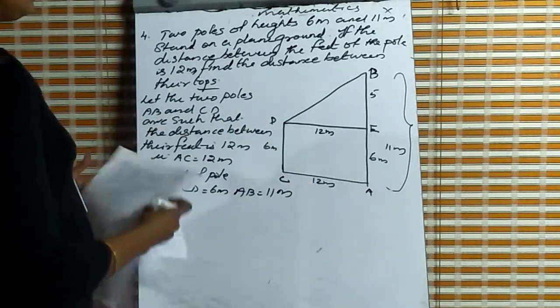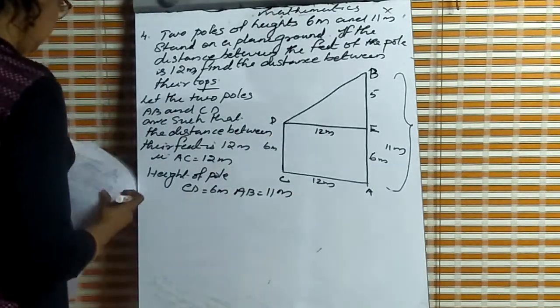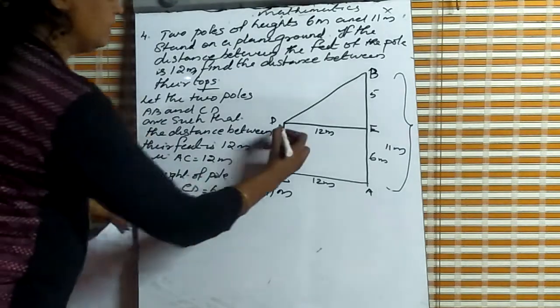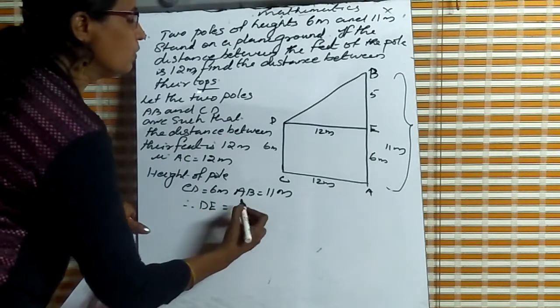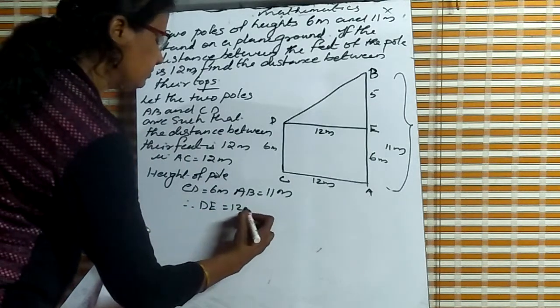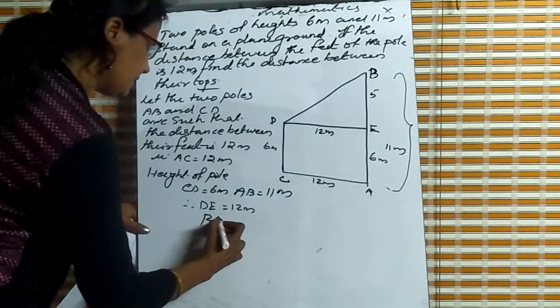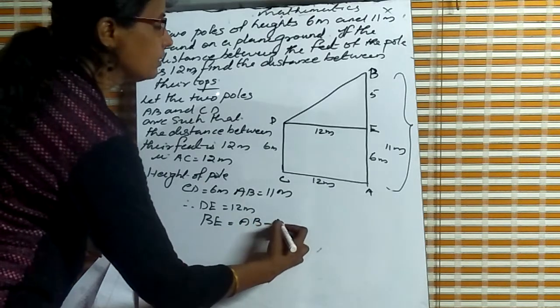Then here DE is equal to 12 meter and BE is equal to AB minus AE.